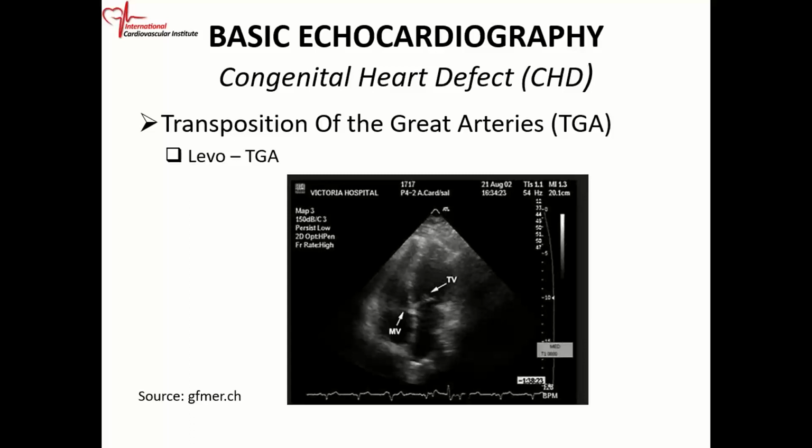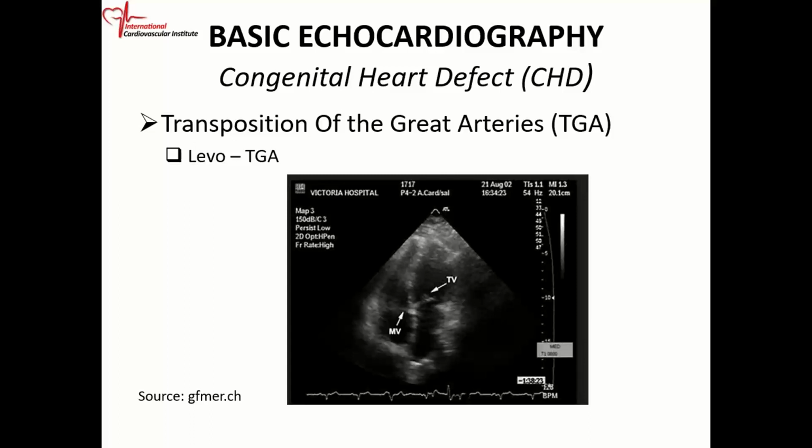So the take-home message is with detransposition, it's the vessels which are transposed. The great arteries are transposed. The aorta and the pulmonary trunk. So they're switched. Okay? So the aorta is going to be on the right side. The pulmonary system is going to be on the left side.